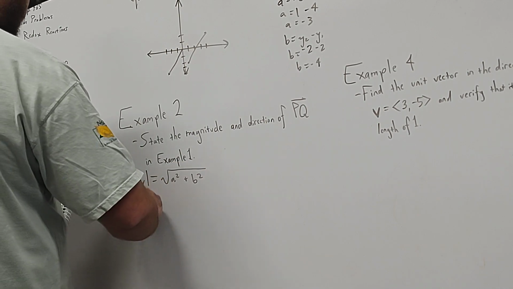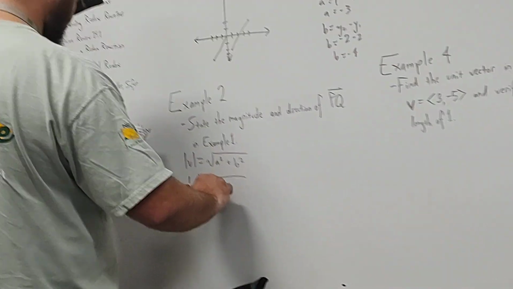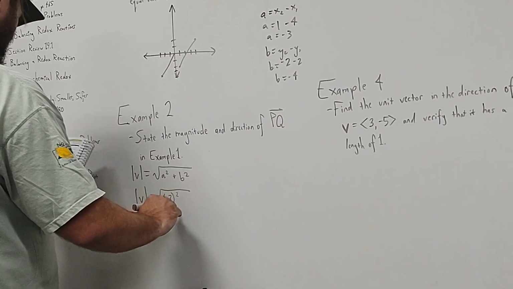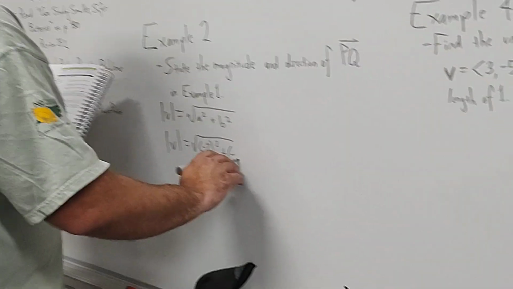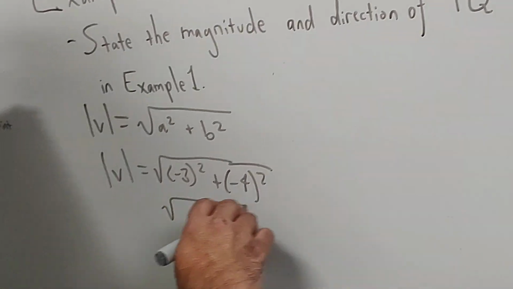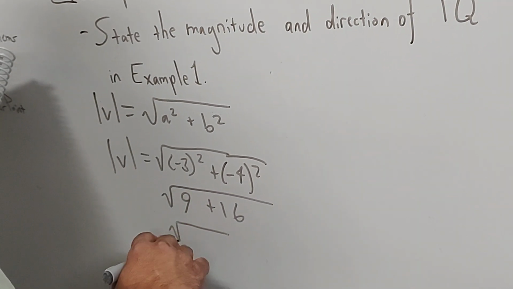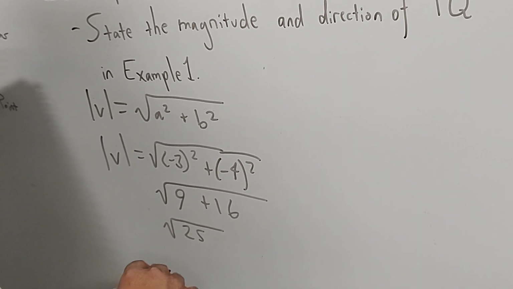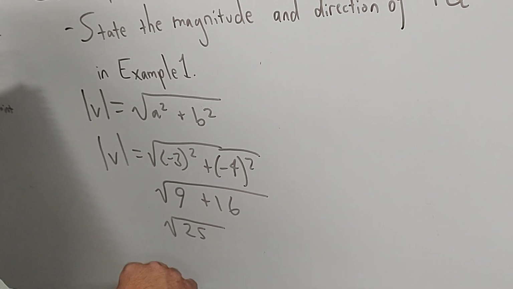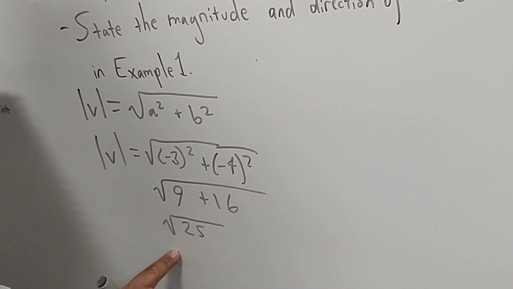And we just plug that in. So the square root of negative 3 squared plus negative 4 squared. So 9 plus 16. 9 plus 16 is 25. The square root of 25 is just 5.